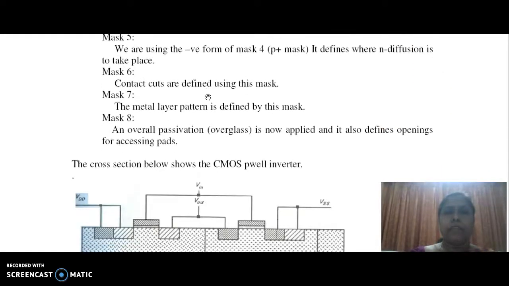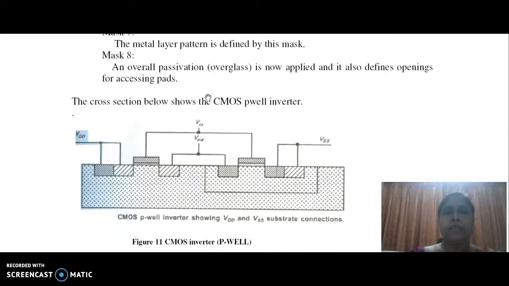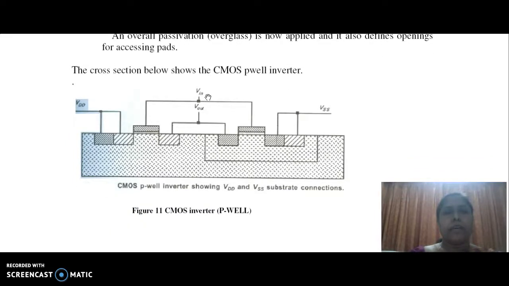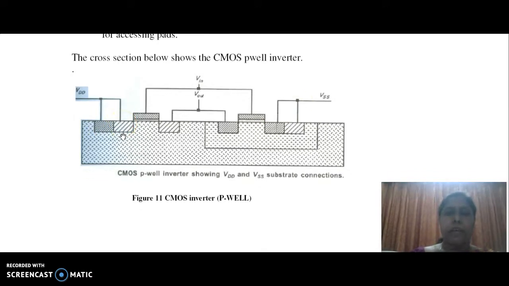After this, the complete CMOS circuit or CMOS inverter is ready. But before that, you need to cover the entire surface with a passivation layer, allowing only the pins to connect to the contact terminals. This is about P well fabrication.